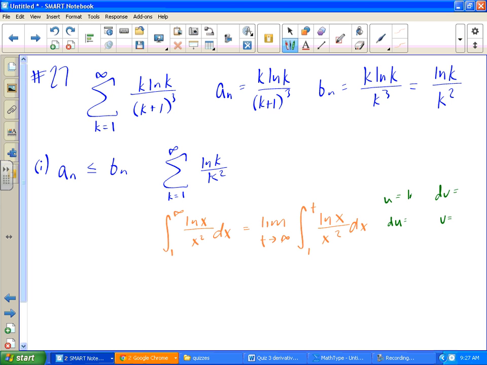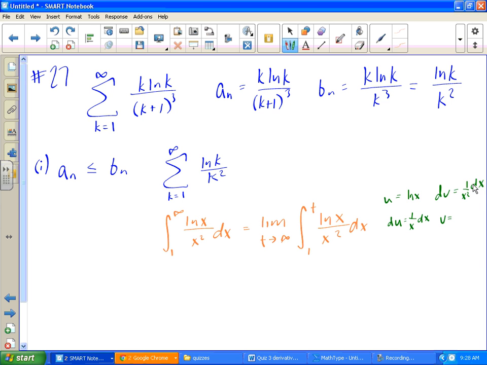No, so it's going to have to be u, right? What's the derivative of natural log x? 1 over x dx. Then that would make dv what? Okay, so my dv is 1 over x squared dx.